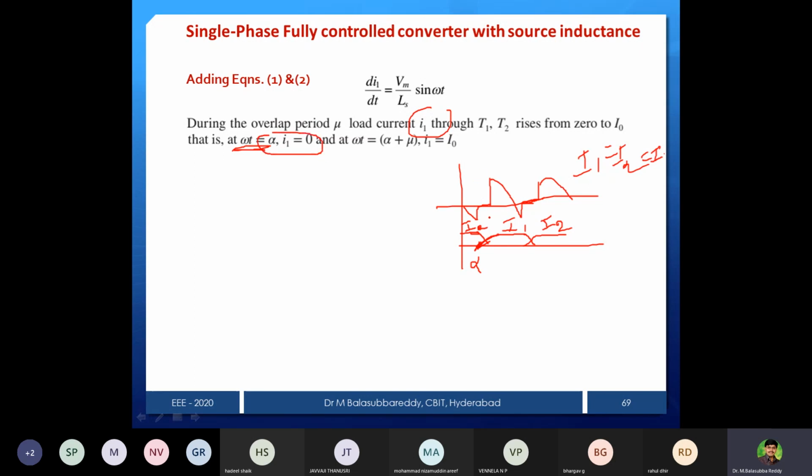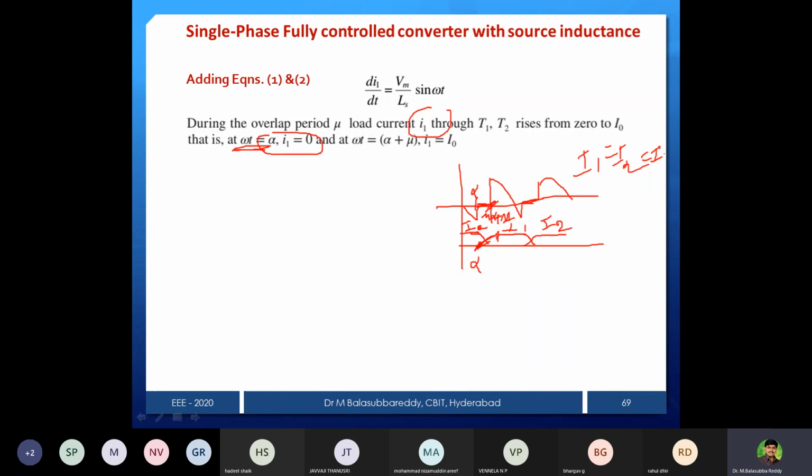Then at omega t equal to alpha plus mu, what will happen? Earlier we used to say alpha, but now alpha is at this point, there is an overlap mu, and this point is alpha plus mu.